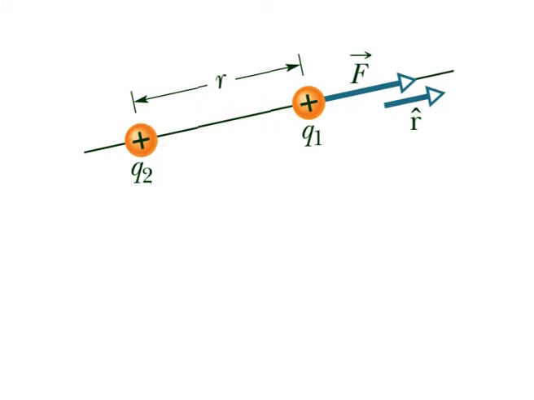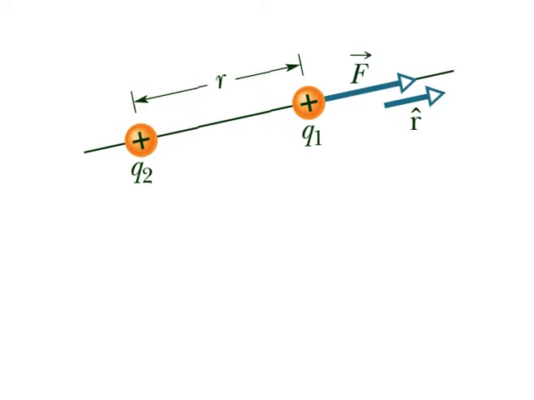Now we will write the equation in vector form and in terms of the particles shown, where particle 1 has charge q1 and particle 2 has charge q2. These symbols can represent either positive or negative charge.